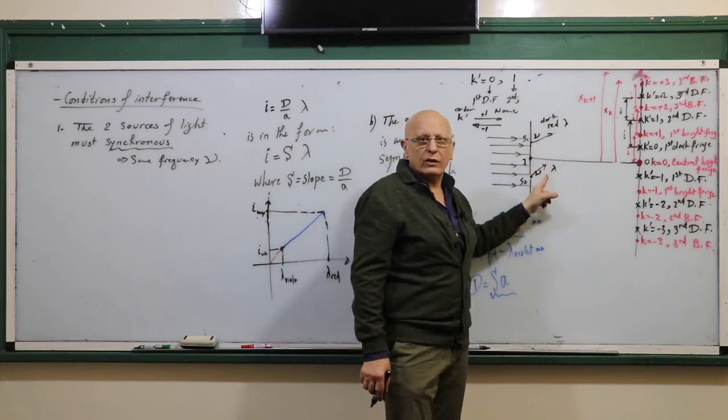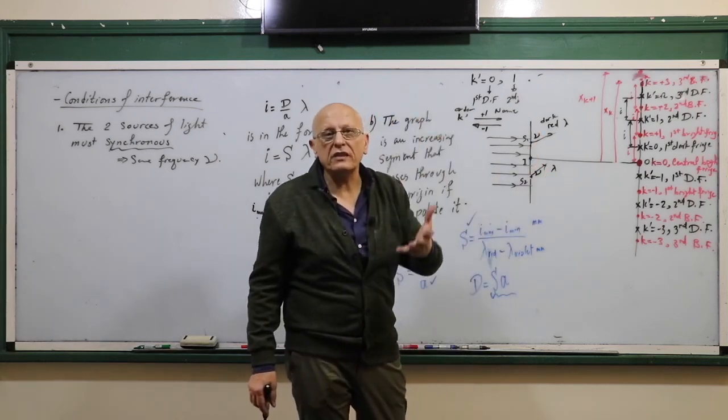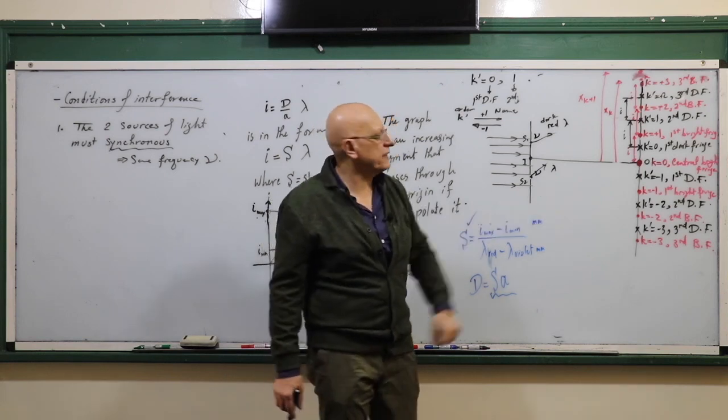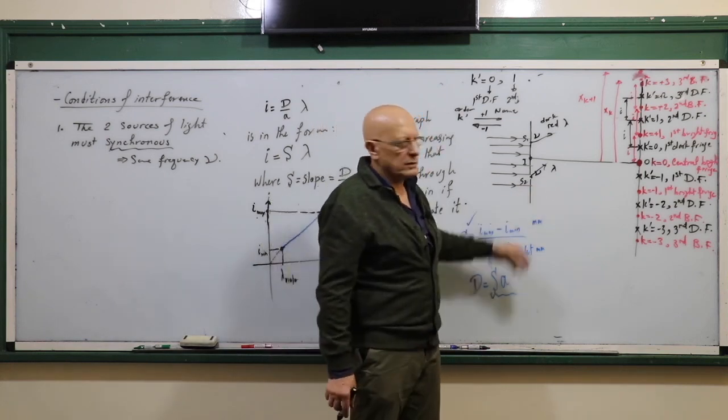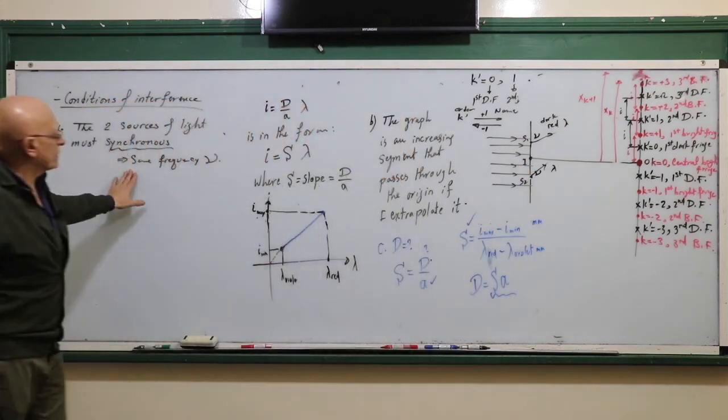Dark violet won't give interference fringes. They superpose without causing interference, and so on. Okay, so this is the first condition.